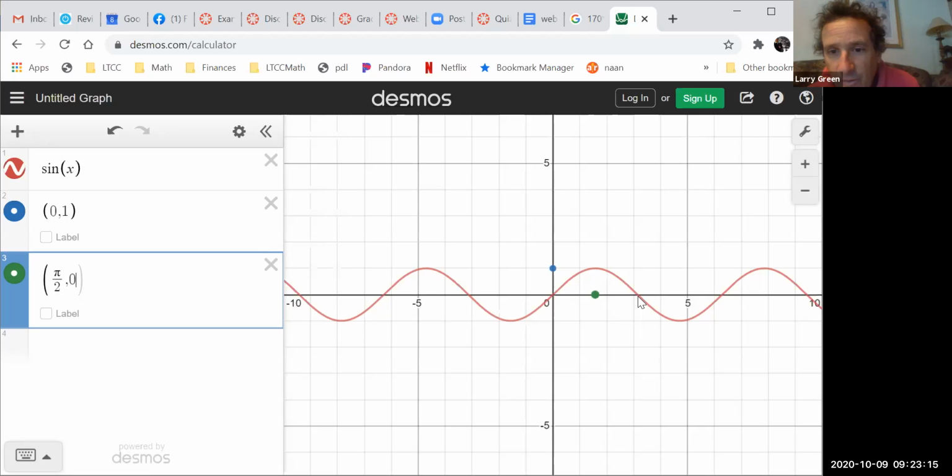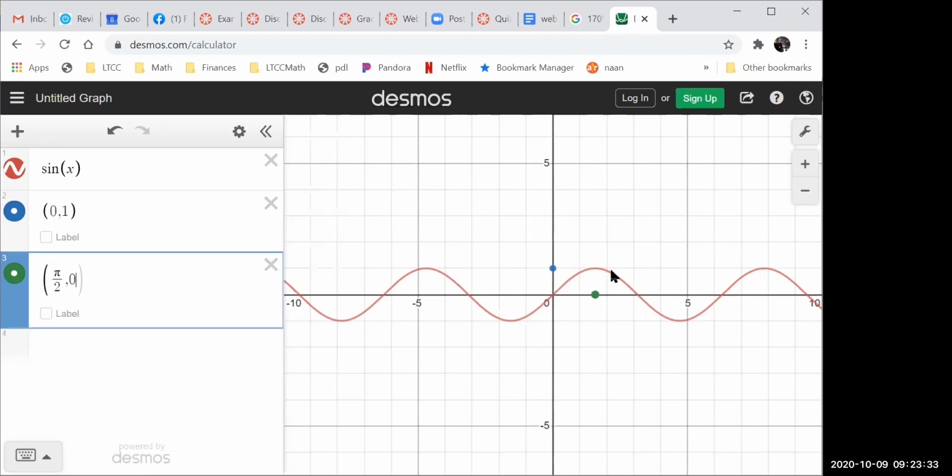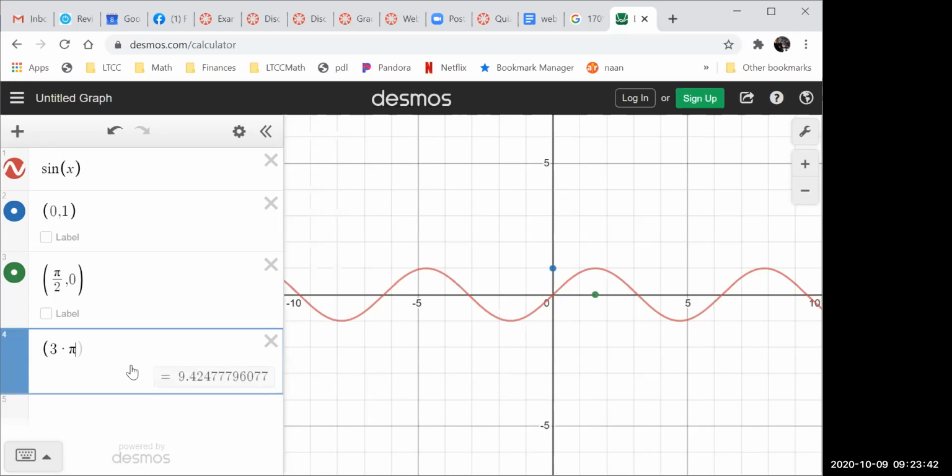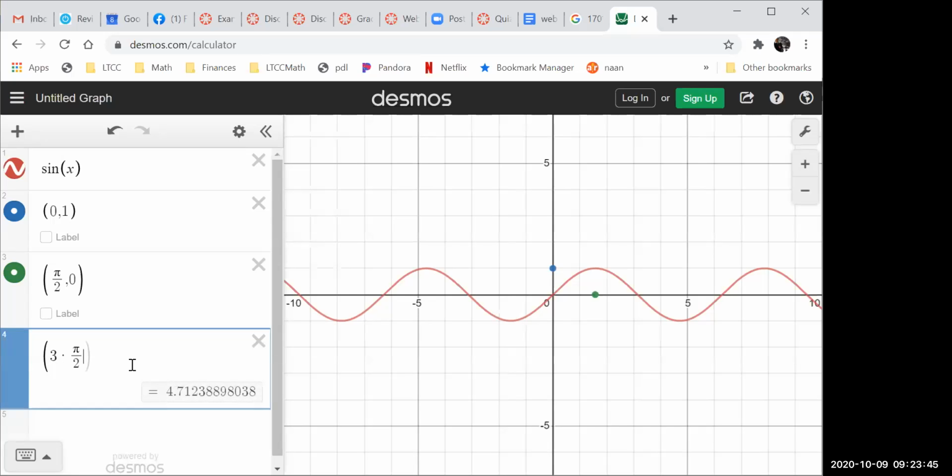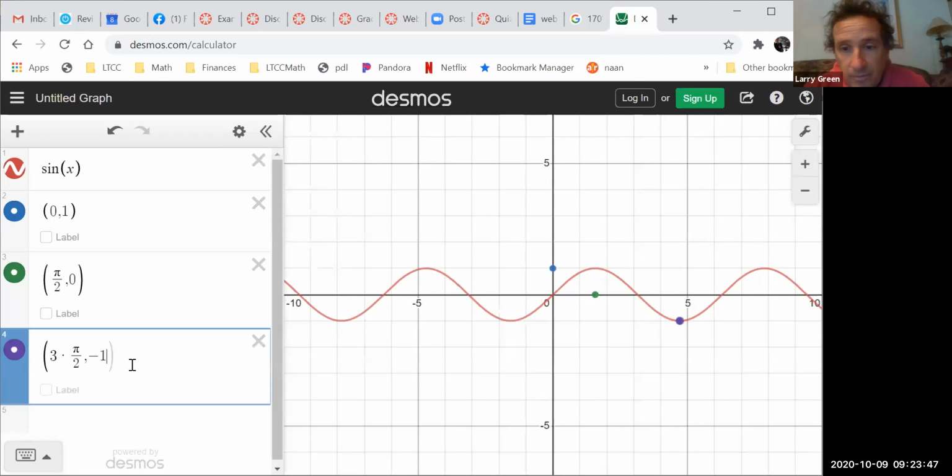How about over here at 3 pi over 2? What's the slope of the tangent line there? What does it look like? Yeah, it looks about like -1, doesn't it? Let's plot that point. So 3 pi over 2, comma -1.